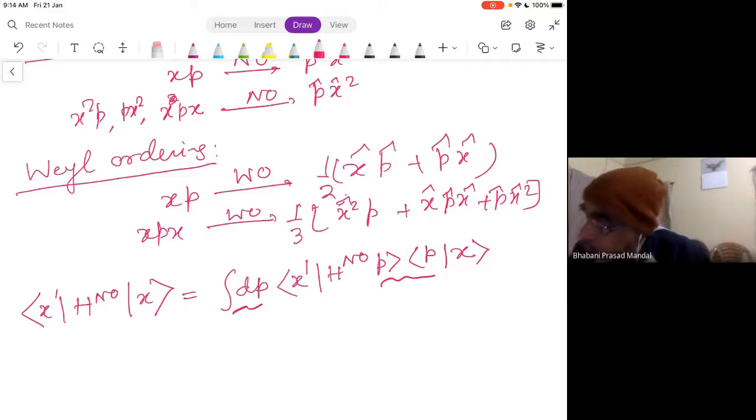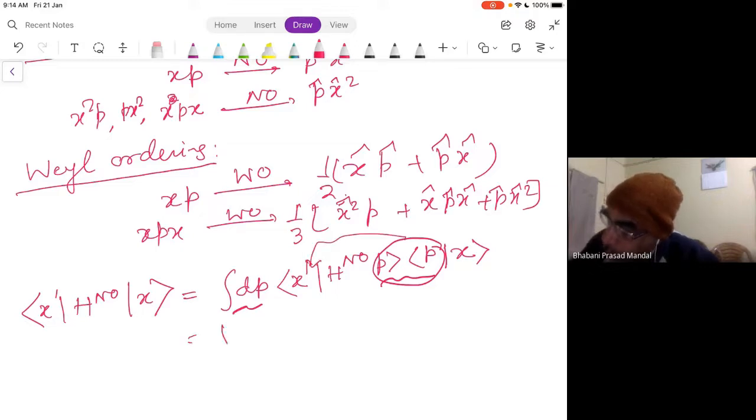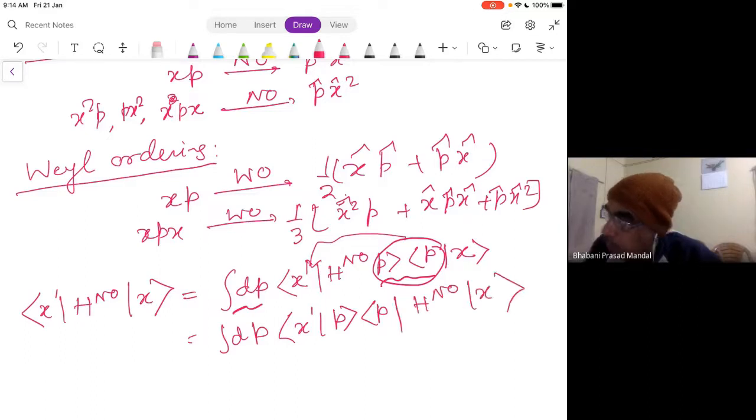What I wanted to do was, instead of putting it here, I need to put it in the appropriate place. So actually I need to put this here. So integral dp, let me write again. This is correct, of course, but it is not helpful. So x prime, then I put p times H normal order times x.